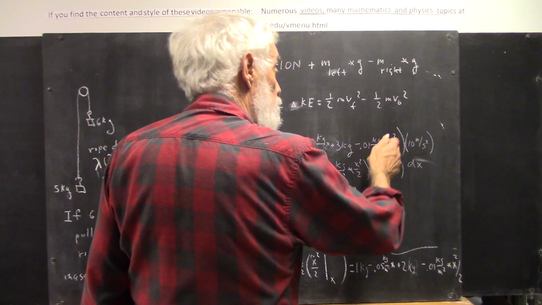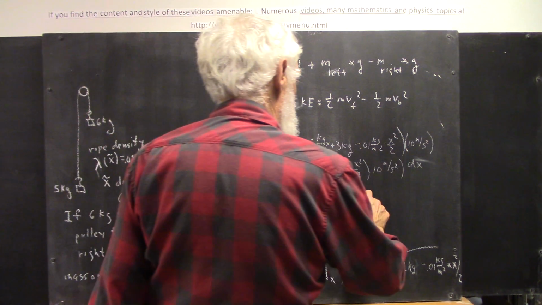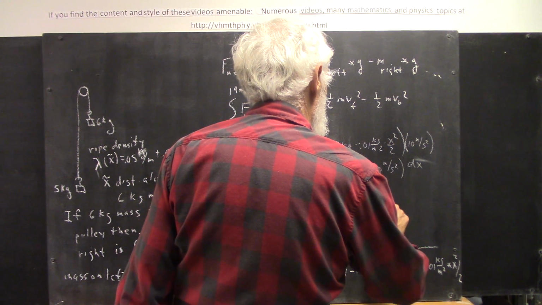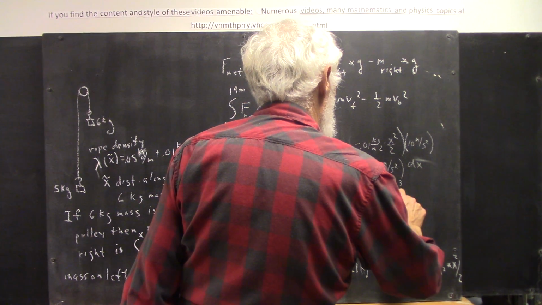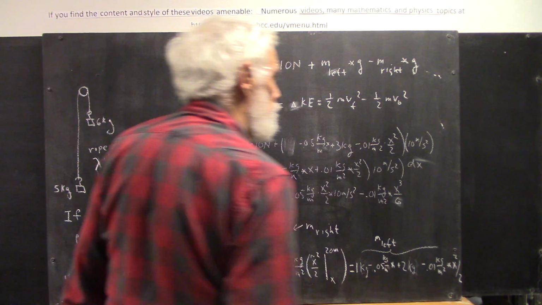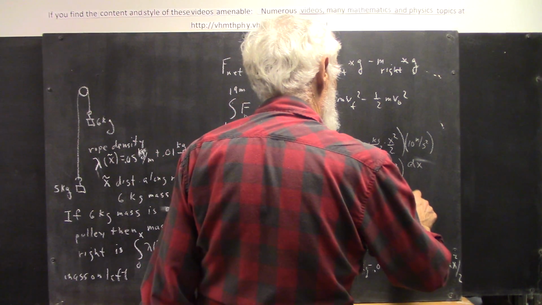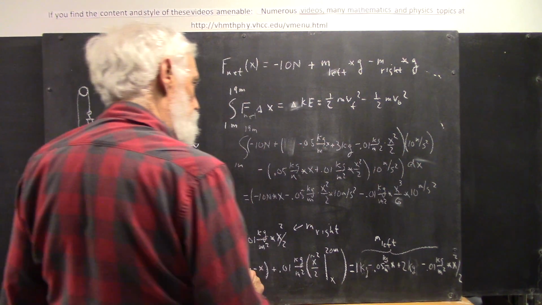Then we integrate this. We have an x squared. That's going to give us an x cubed over 3. So we're going to have negative 0.01 kilogram per meter squared times x cubed over 3, but that's over 2. That's going to give us x cubed over 6 times 10 meters per second squared.